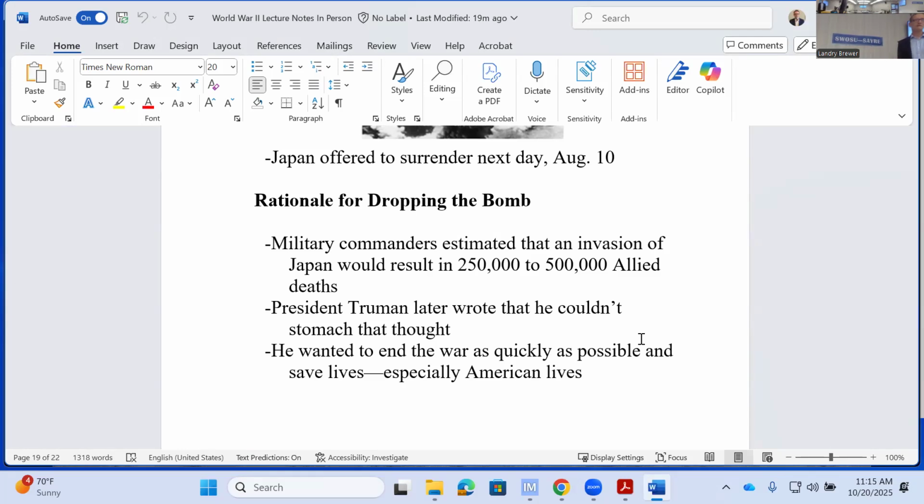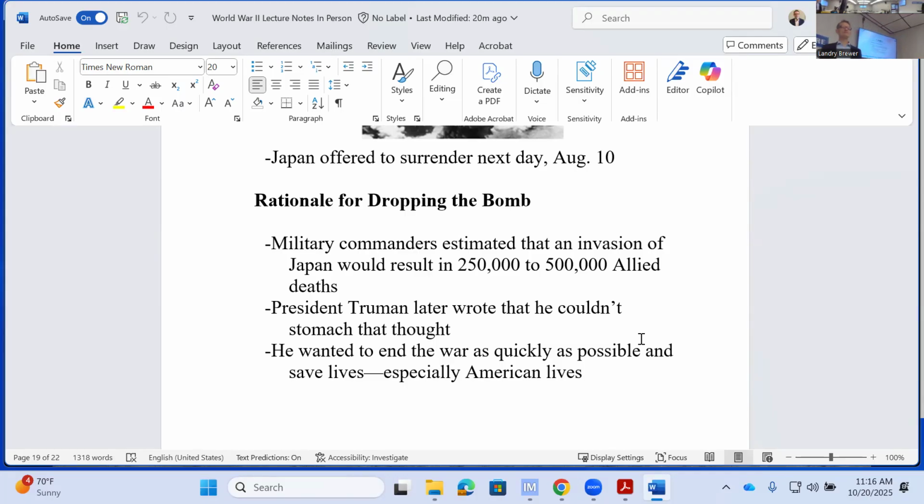Truman's military commanders estimated that an invasion of Japan would probably result in somewhere between 250,000 and 500,000 Allied deaths. President Truman later wrote in his memoirs that he could not stomach that thought.